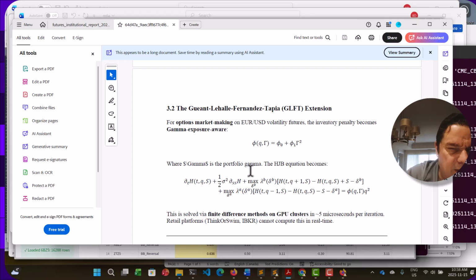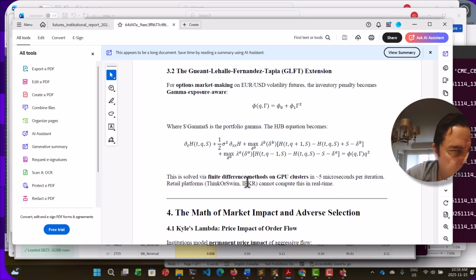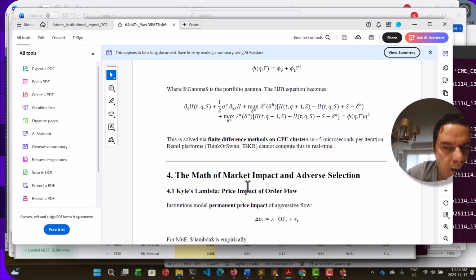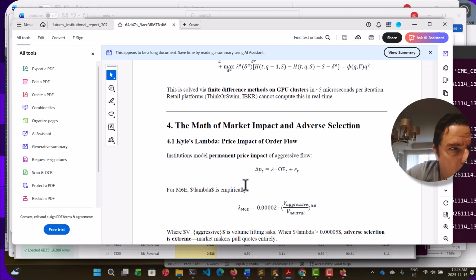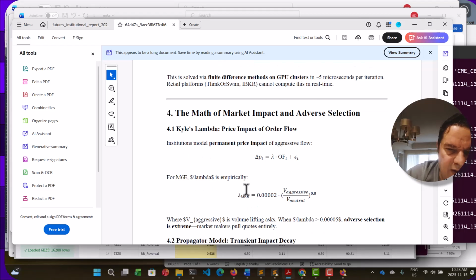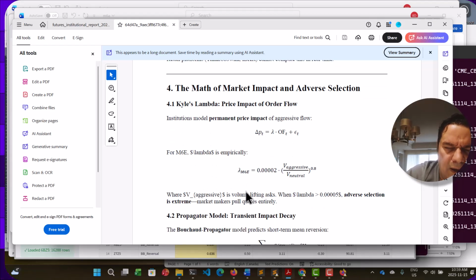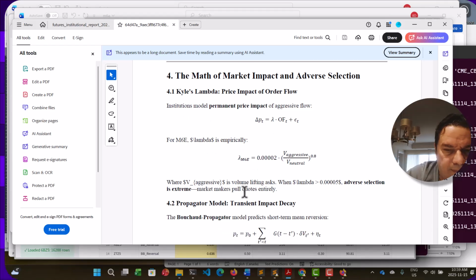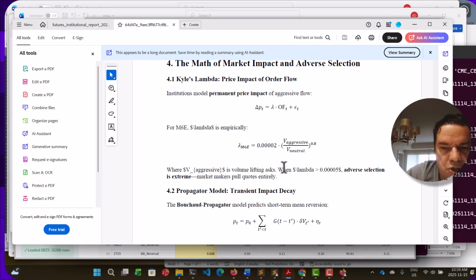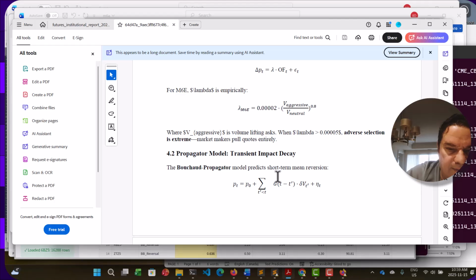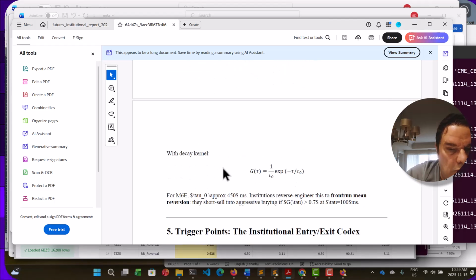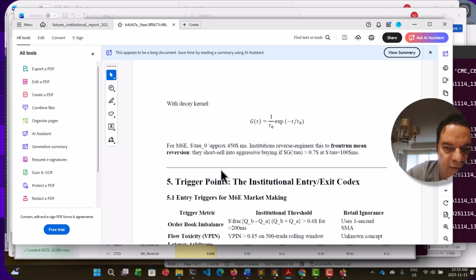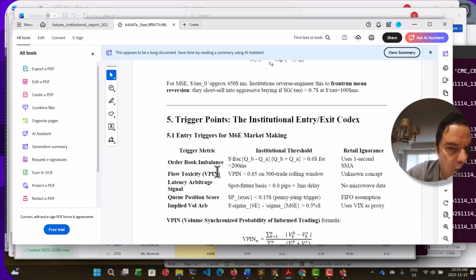It always mentions gamma hedging, or sorry, gamma extracting, which seems to be pretty popular among the AI. This is a very advanced Chinese AI. They just upgraded it a lot. So these are all the different formulas. Bushan Propagator. I've never heard of these, but just from a reverse engineering standpoint, it's very good.